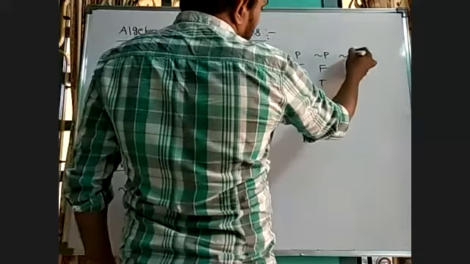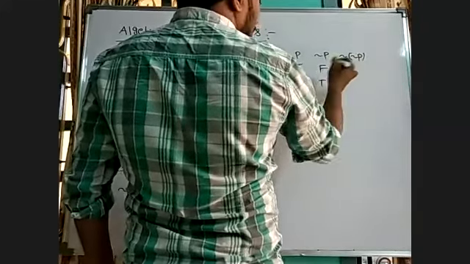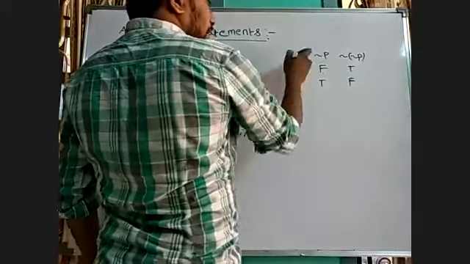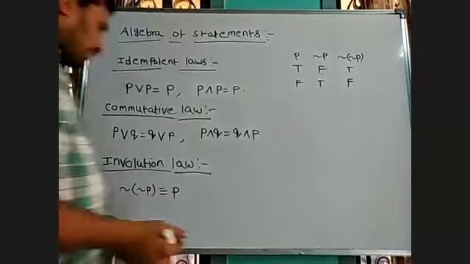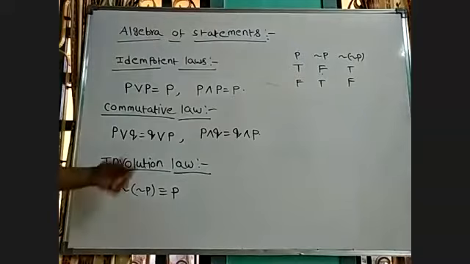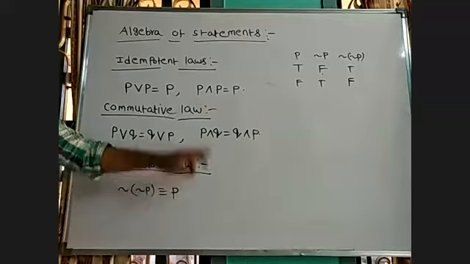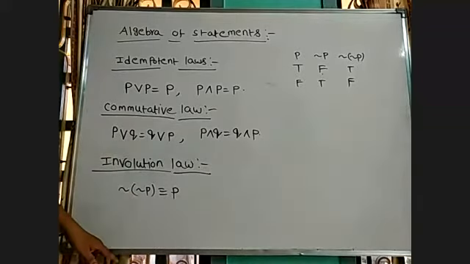Again, negation of negation P means if you apply negation again, true. What are we getting? P only. That's why I am writing negation of negation P in involution law. Negation of negation P is equal to P. Okay? Right. Writing these three laws first.